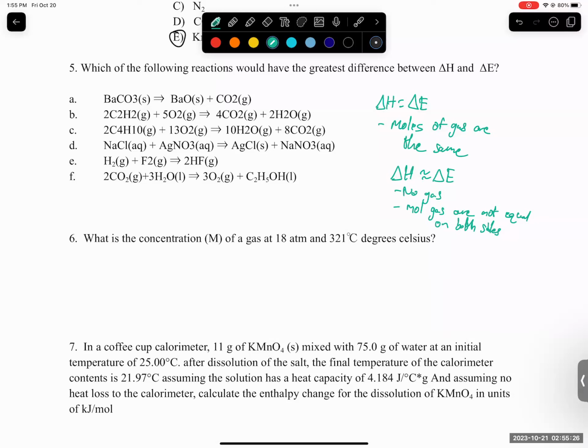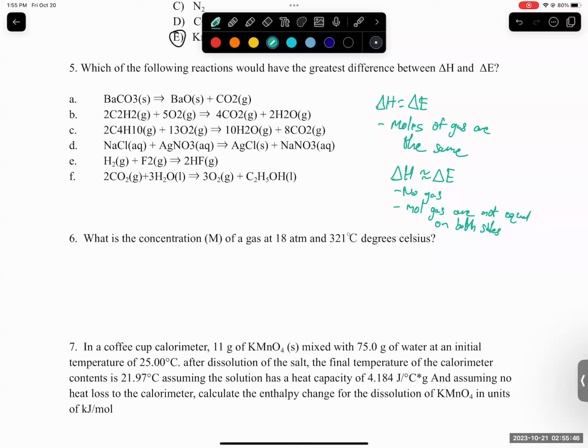So now that brings us to this question. Where will the delta H and delta E have the greatest difference? Let's go through it step by step.